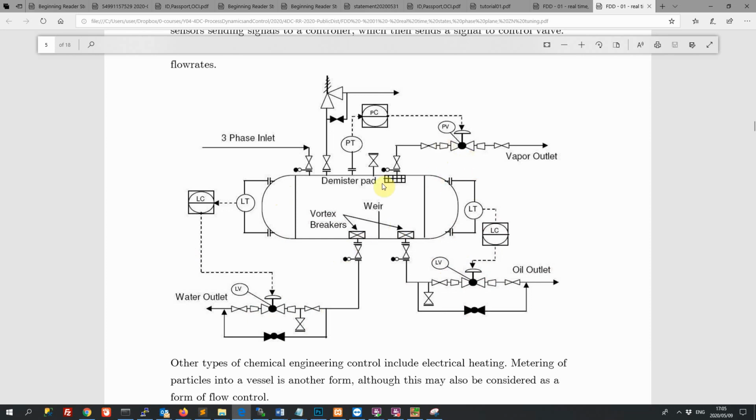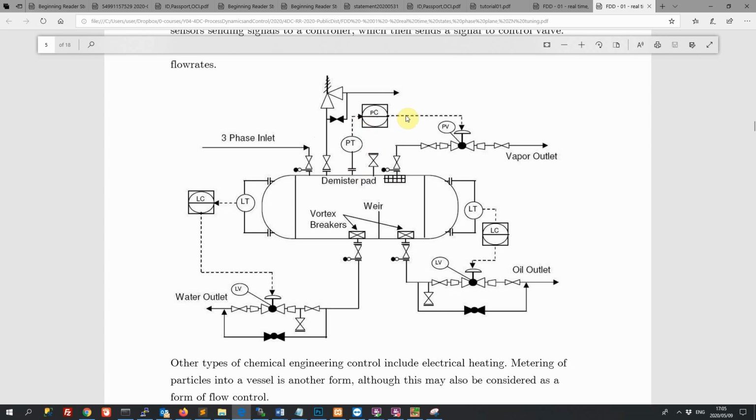Then out here, you've got a pressure control as well. And so pressure, that's of course in the gas phase. So then it makes sense to change the gas phase exit flow rate, right? You could control the pressure through the liquid level, but it's not really direct. And there are questions about if you leave that as a free variable, really it's going to become dependent on the exit pressure here.